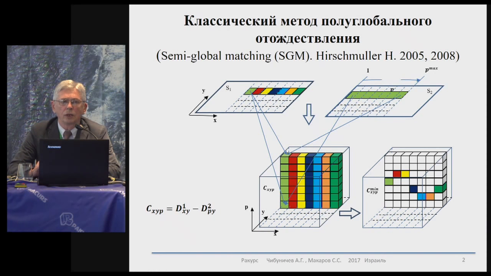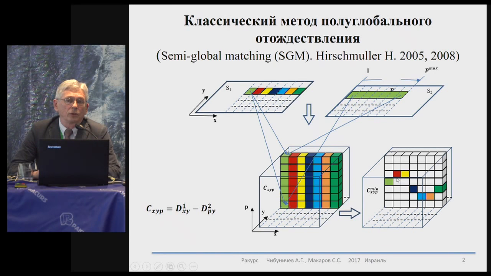The same points on the left and right images would be more likely to have the minimum values, and within this cube we see the value for the first pixel. The minimal is here. For instance, for that pixel, parallax is equal to 1, 2, 3, 4, so it is equal to 4. For the next pixel, the minimal value is located here.